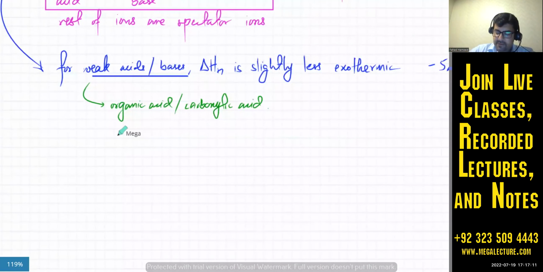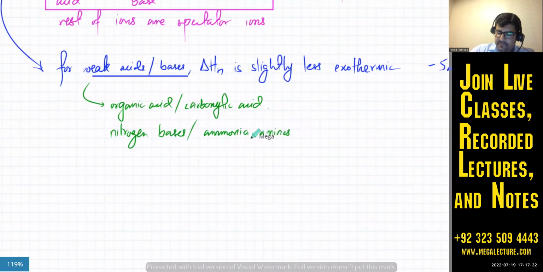Then for bases, you've got nitrogen bases, like ammonia or amines.